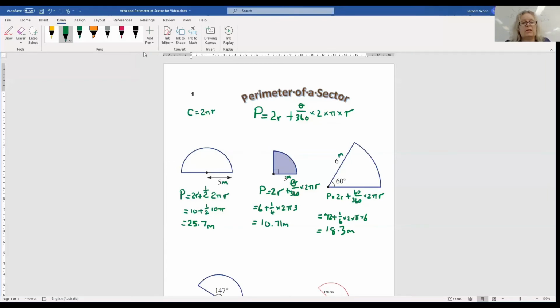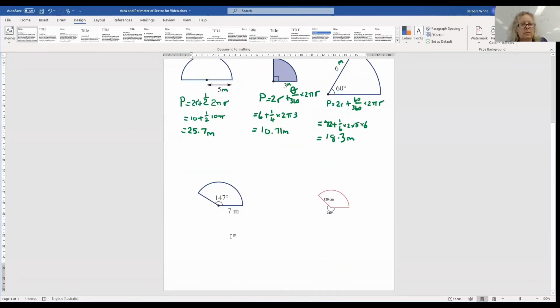Make sure you can get these answers on your calculator, otherwise you may need some help. All right, down here, same deal. Perimeter equals twice the radius plus angle over 360 times 2 pi radius, which equals 14 plus 147 over 360 times 2 times pi times 7, and then we grab the calculator.